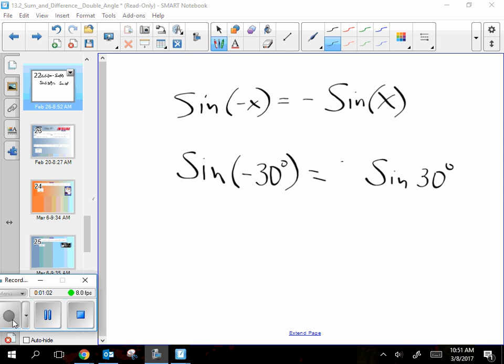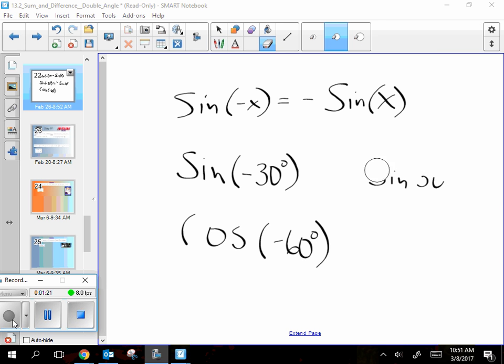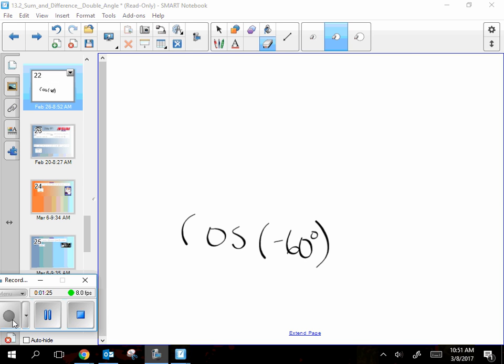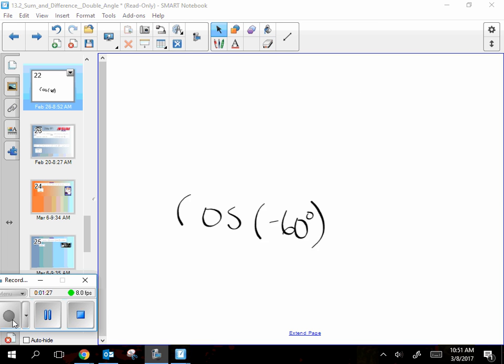Make it negative, the opposite of it. Similarly, what if I want to find the cosine of negative 60 degrees? Well, look at that identity. So here's what I would do if I was faced with that question. They might say, find the cosine of negative 60.